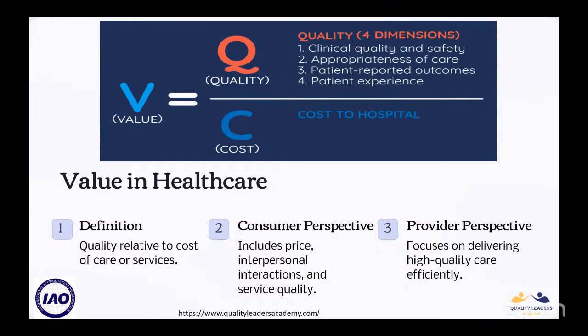A hospital might provide excellent care technically, but if they are rude to patients, if they make them wait for about 3 hours, if they charge twice what competitors charge, the patient won't perceive that as valuable, right? Here, the patient might choose a slightly more expensive provider, if they feel like they'll receive better communication and more thorough care, right? So value here is subjective from the consumer perspective.